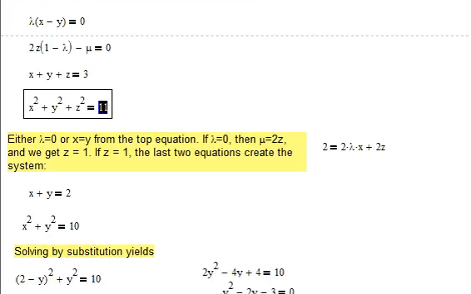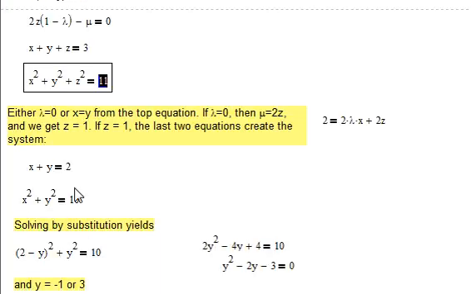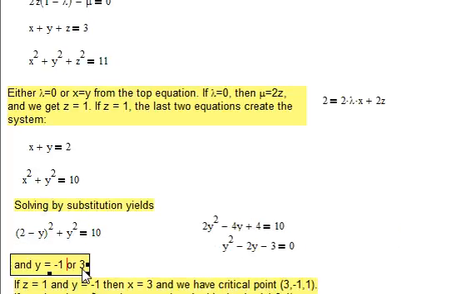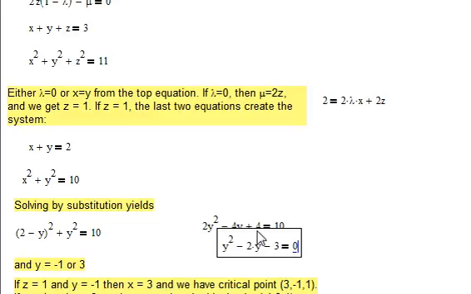Now, we can solve this system by substitution. If we substitute for x 2 minus y, so (2 minus y) squared plus y squared equals 10, I have that worked out over here. You can see that y equals -1 or y equals 3 are the solutions for this equation if you factor it.